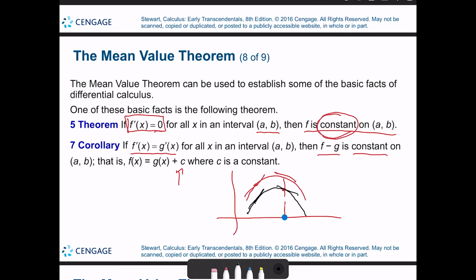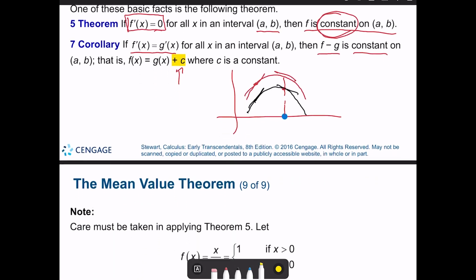If the slopes of the tangent lines at each of those x values are the same as we march our way across the curve, then essentially the two functions are the same. The only difference is that they've been translated or vertically shifted up or down. That's the only difference between them. All right, interesting corollary.